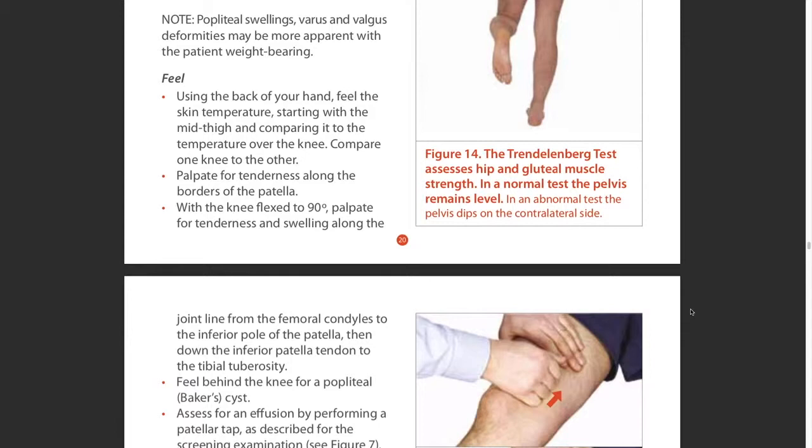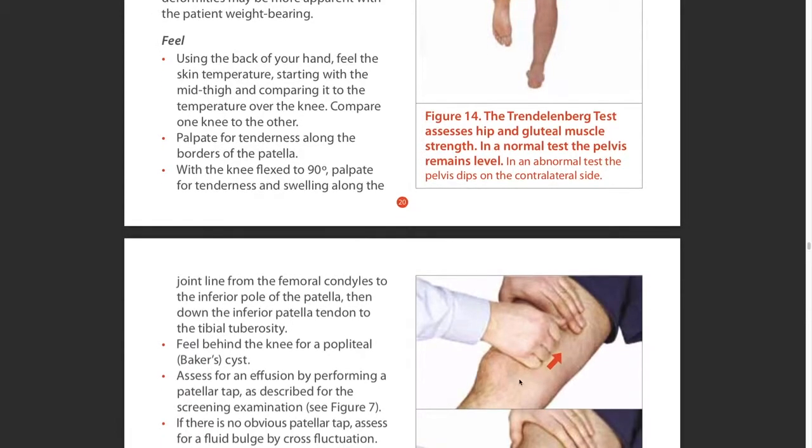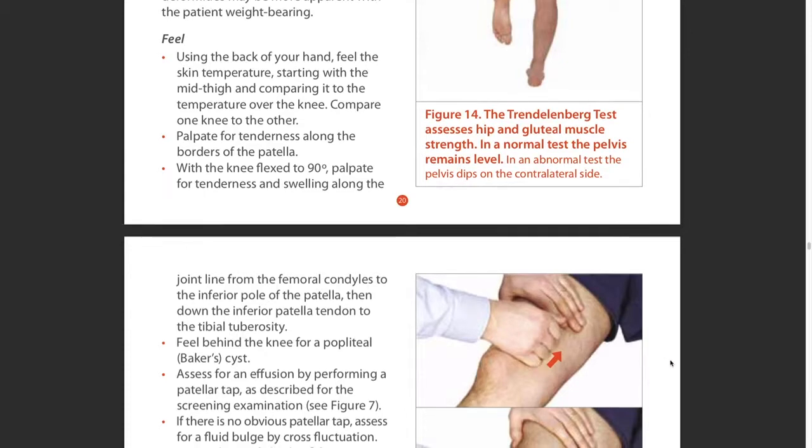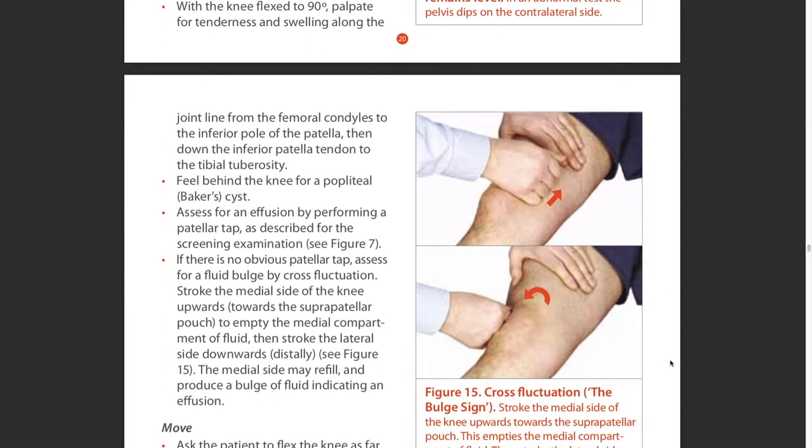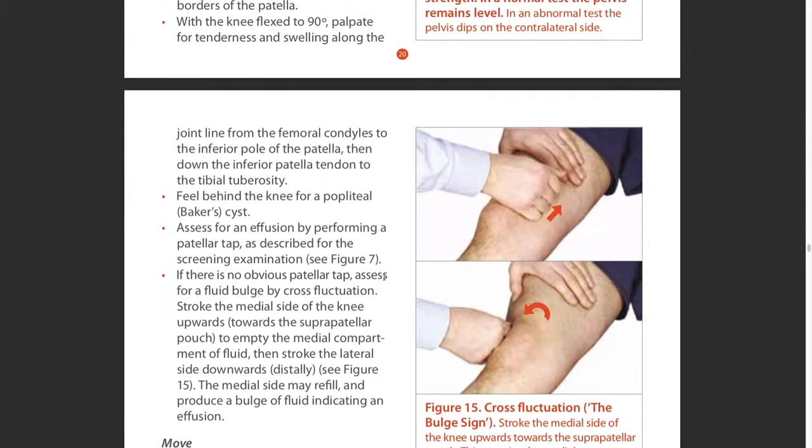You check for patellar tap, for cross fluctuation, and then palpate for tenderness over the borders of the patella, bend to 90 degrees, palpate for tenderness along the joint lines, and down to the tibial tuberosity, and then check for popliteal cyst. Did I miss anything? No.